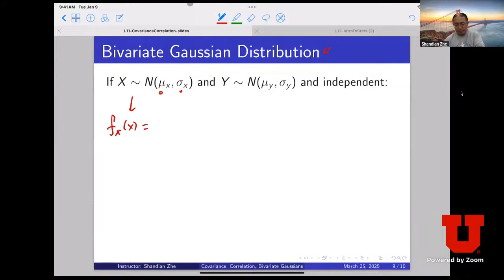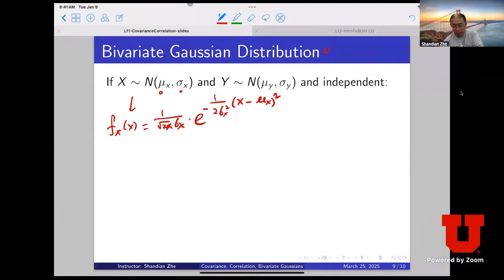Let me just write it down. I hope you have memorized this. It is 1 over square root 2 pi times sigma x, times exponential of minus 1 over 2 sigma x squared times x minus mu x squared. This is the form of the probability density function for the Gaussian random variable, which we have seen many, many times.